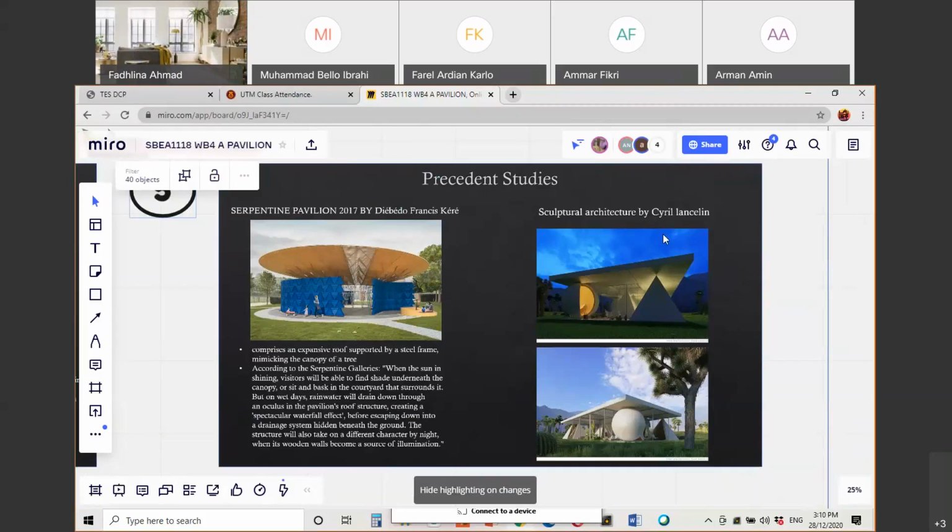Okay, Arman. Actually I don't understand the question. Why did you choose the Serpentine Pavilion? What made you choose it? What's so special about the Serpentine Pavilion that you want to choose this one as your precedent study?